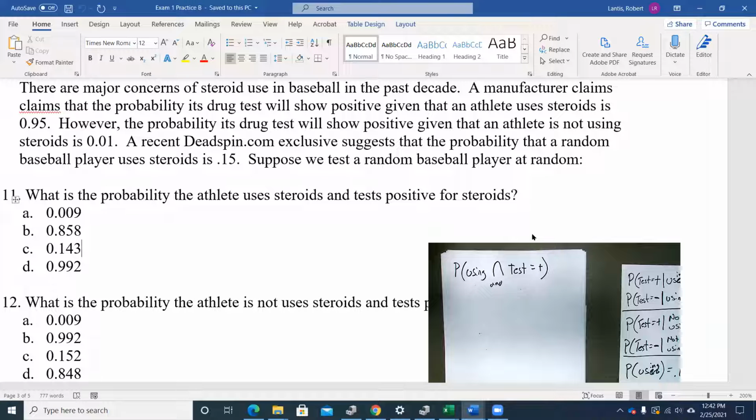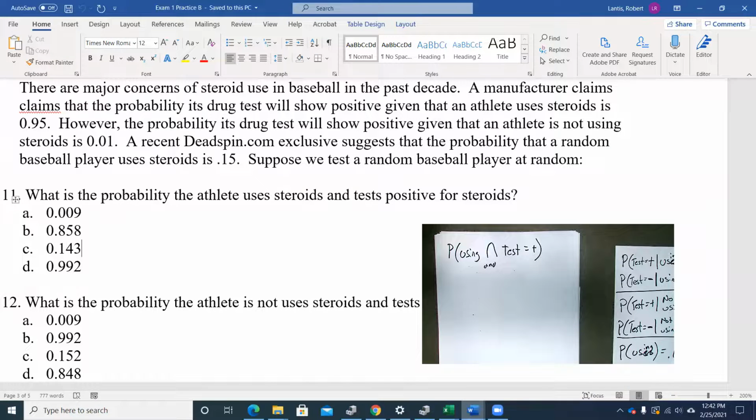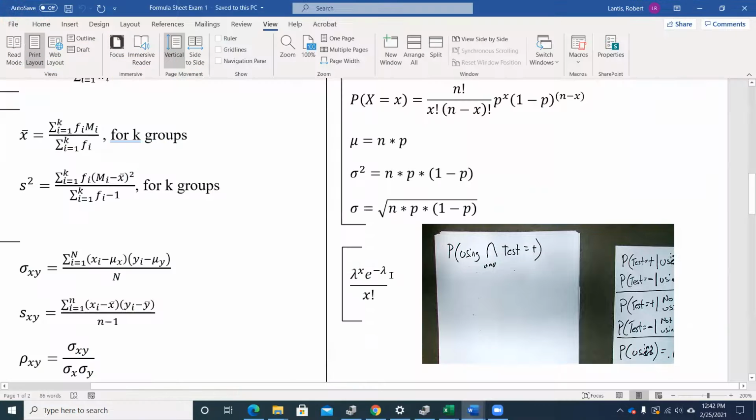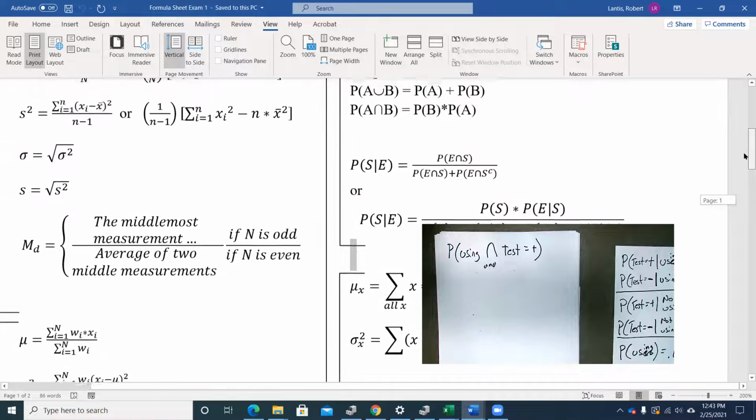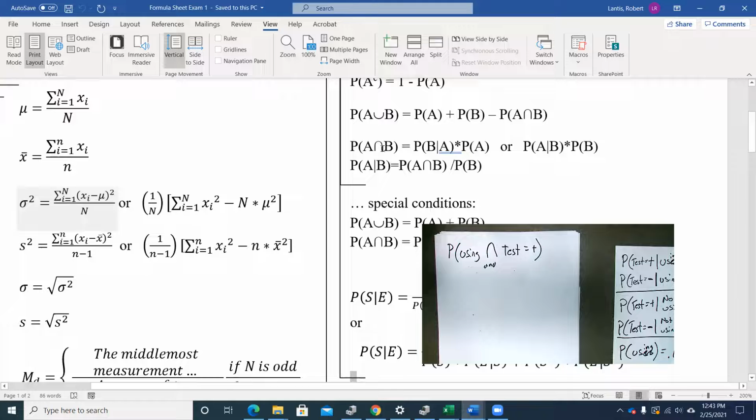If we go to our formula sheet, scroll up here, we've got that the intersection of two events is simply the conditional probability times what I'm conditioning on. So I'm just going to write out this general equation in the context of my example, right?